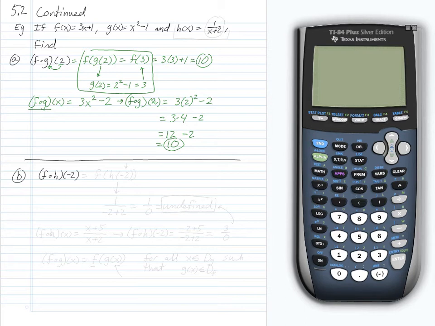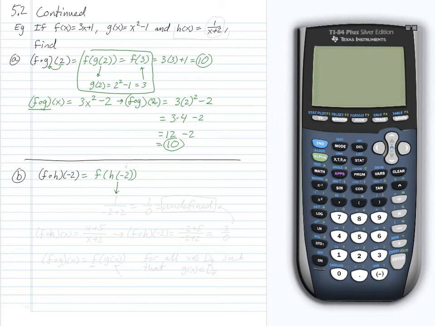So I'd like to look at one more example of this process with these functions. So f of h of negative 2, what's that asking for? F of h of negative 2. Okay, so we need to figure out what is h of negative 2.